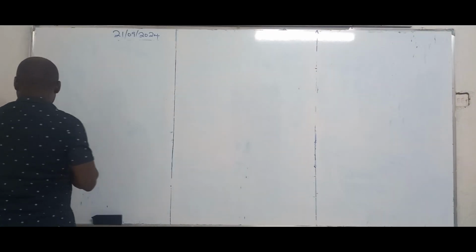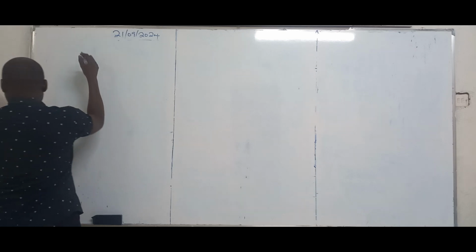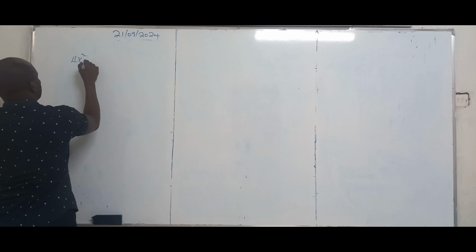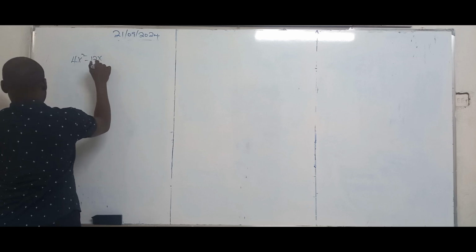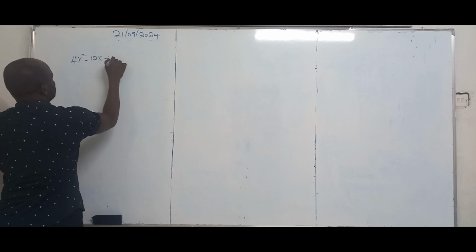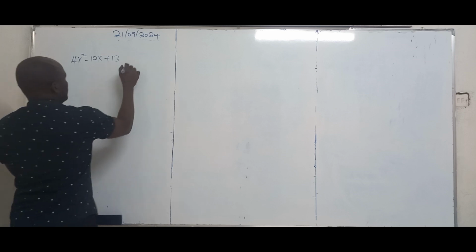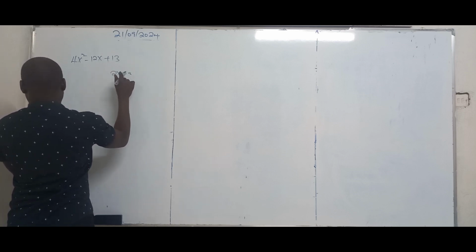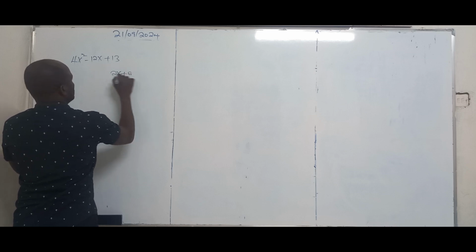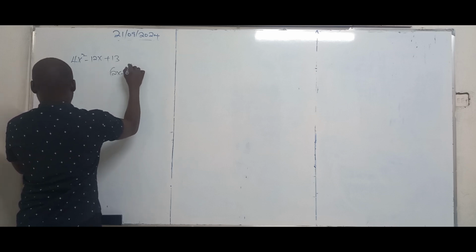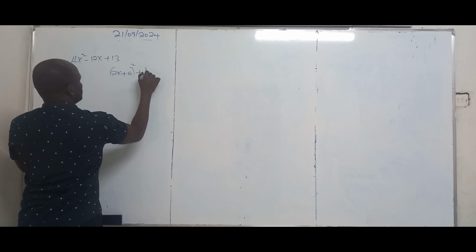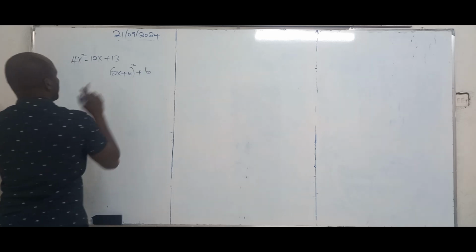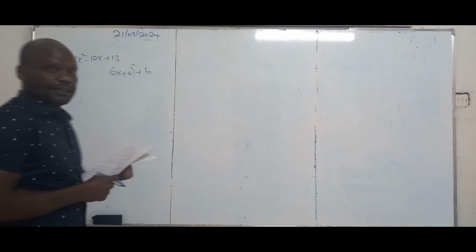Now the solution continues as follows. We are given: express 4x squared minus 12x plus 13 in the form (2x plus a) squared plus b, where a and b are constants.